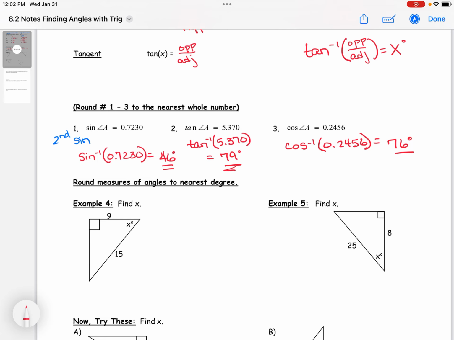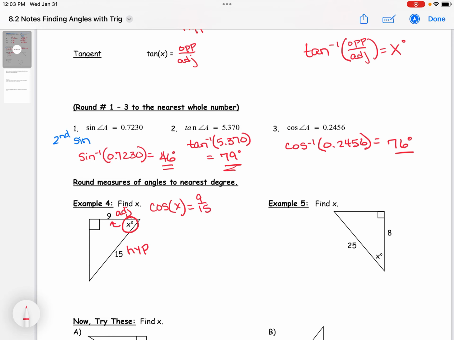Okay, so let's try this with a triangle. Remember, we're still going to follow the rules. Here's my x. The 9 is the adjacent because it's next to it. The 15 is the hypotenuse because the hypotenuse is always the hypotenuse. Adjacent and hypotenuse is cosine, so cosine x equals 9 over 15.